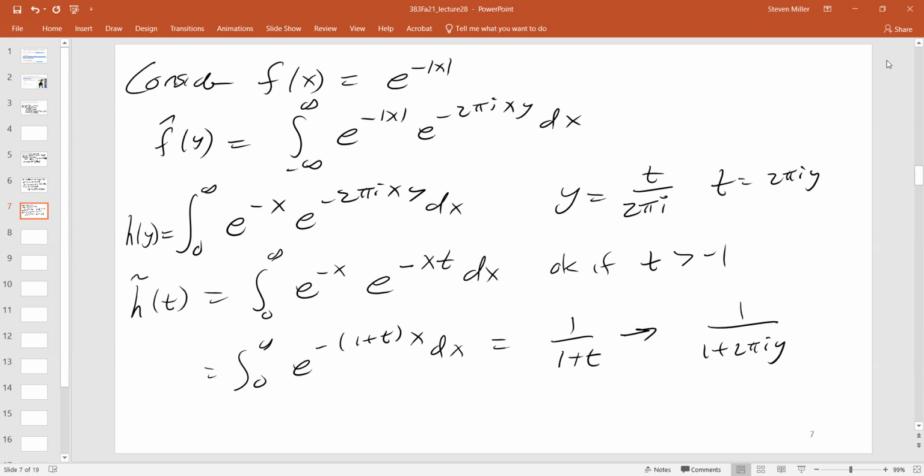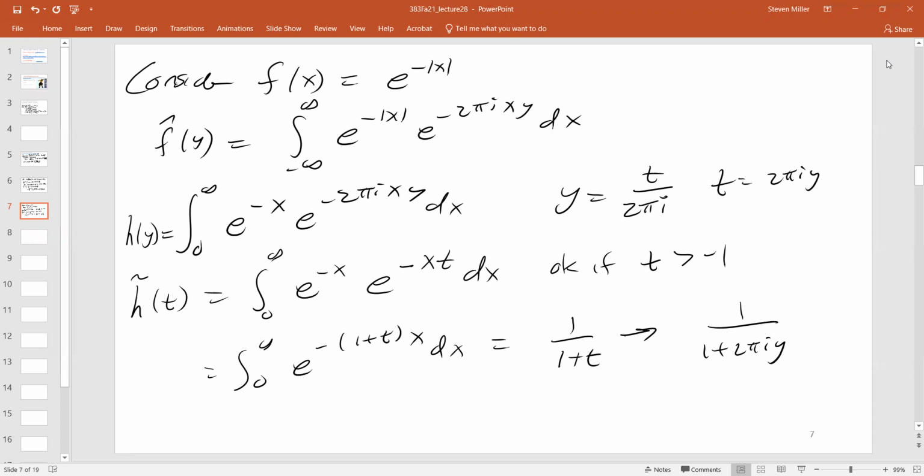So take your sequence to be all numbers of the form t over 2 pi I, where t is greater than -1. And so you have a continuum, not just a discrete set. If you want, take t goes from 0 to 1. For that whole interval, they agree. If you want to take t to be 1 over n, for all those values, they agree.